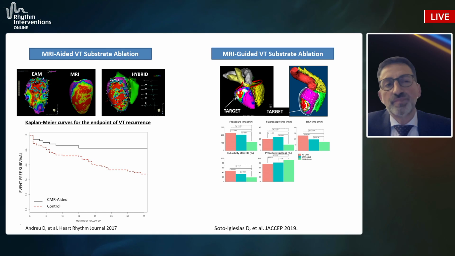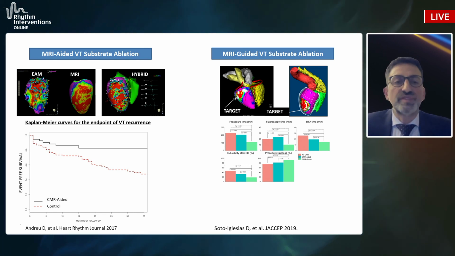So here you can see on the left the way we do MRI-aided VT substrate ablation. We obtain first an electroanatomical map, a high-density map of the area of interest, and then we use also the information of the MRI, and we merge both information, creating a hybrid map.